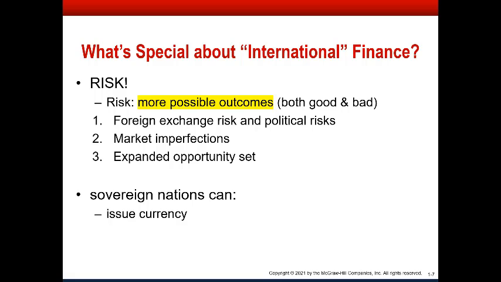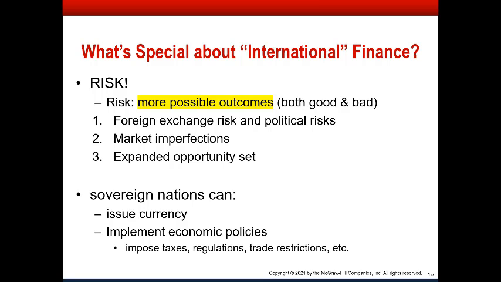That's going to be the source of foreign exchange risk, because now we have to trade one currency for another. They can also implement their own economic policies, taxes, regulations, trade restrictions. They can seize assets of foreign companies. There's all kinds of things that these countries and governments can do, some good, some bad, that a company has to contend with.